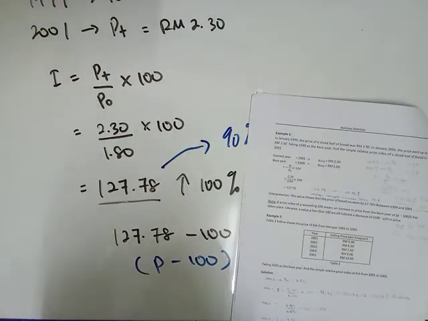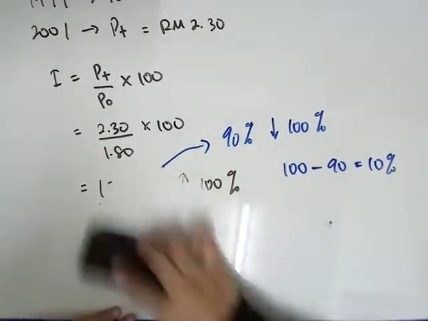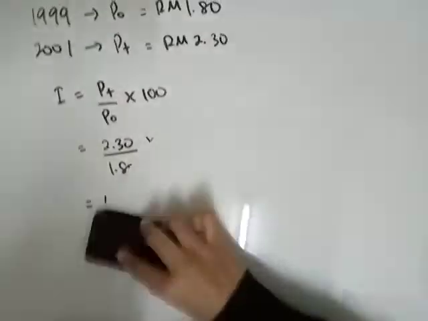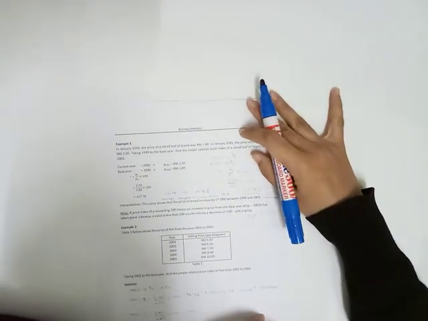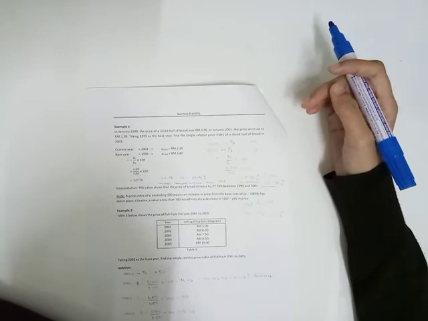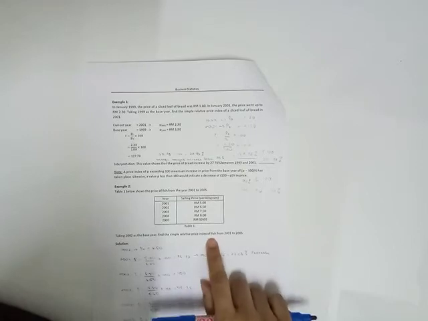Alright, for example 2. Okay, example 2, table 1 below shows the price of fish from the year 2001 to 2005, taking 2002 as the base year. Find the simple relative price index of fish from 2001 to 2005.